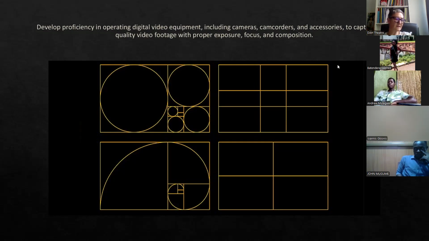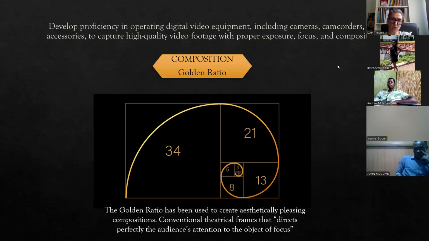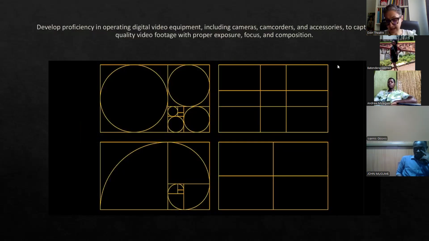The second thing about composition and golden ratio is that when you are working on some theatrical performance and you must do some projection mapping, you have a different surface, and you have a projection that is the same size like this here, and you must project something.